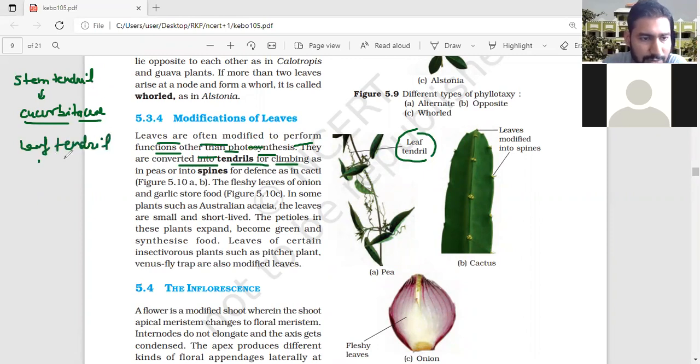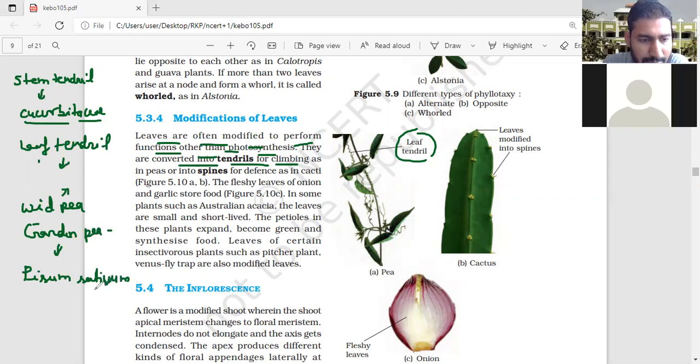There are two different types of pea. One is the wild pea and another is the garden pea. Can you tell which one is Pisum sativum? Garden pea, sir. Very good, Subbalakshmi. Garden pea means Pisum sativum.